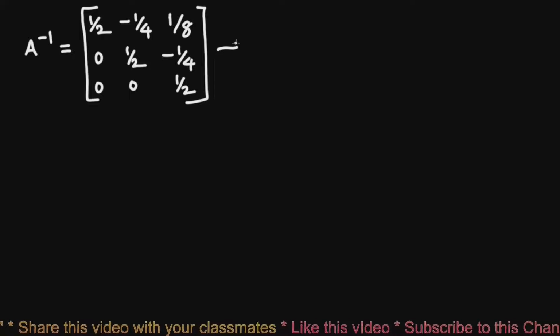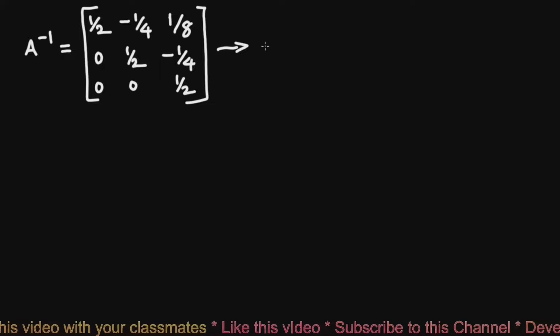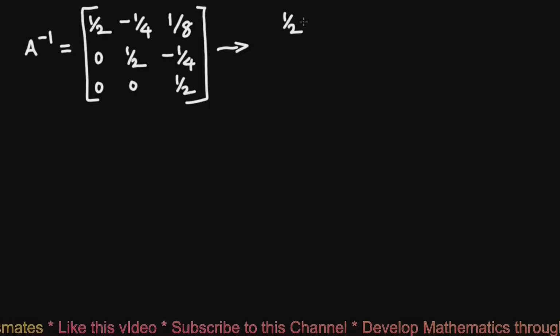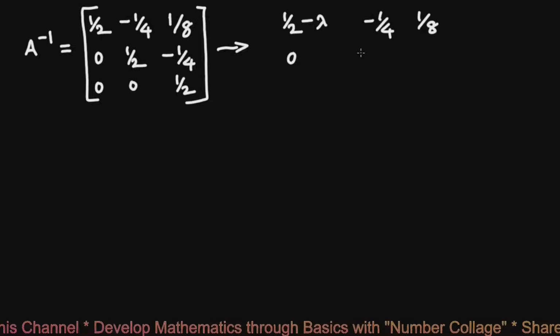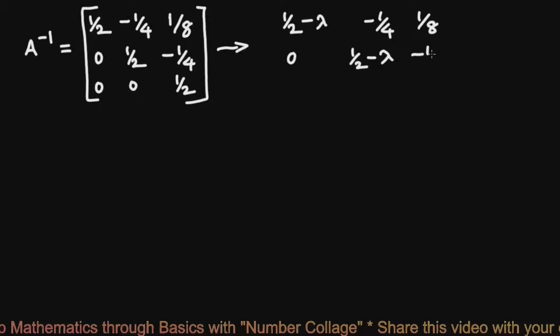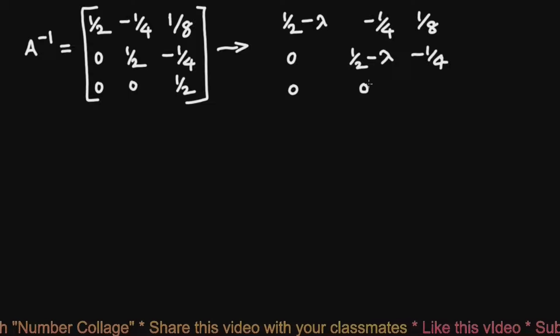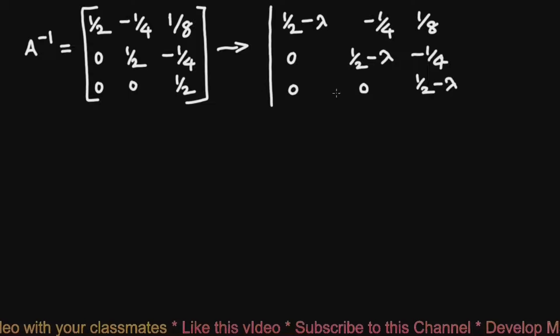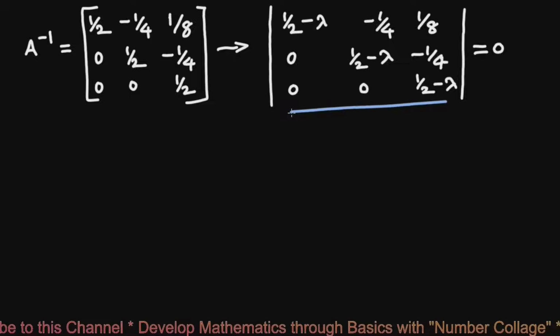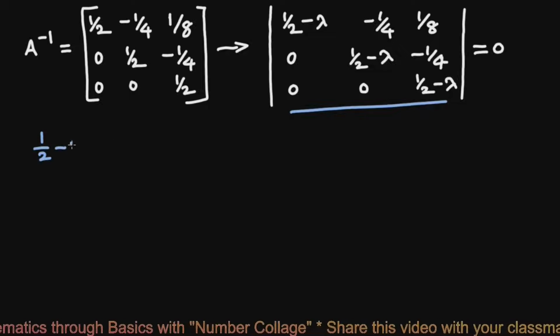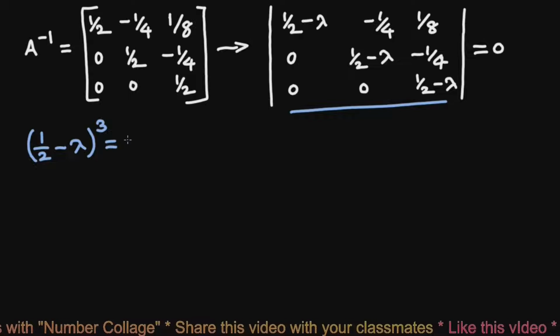First we will write the characteristic equation of A inverse. That will be determinant of half minus lambda, minus 1 by 4, 1 by 8; 0, half minus lambda, minus 1 by 4; 0, 0, half minus lambda equals 0. Expanding this determinant, we get half minus lambda whole cube equals 0.